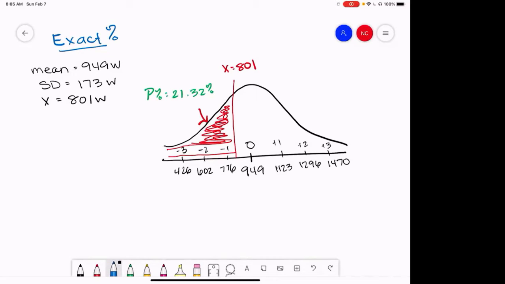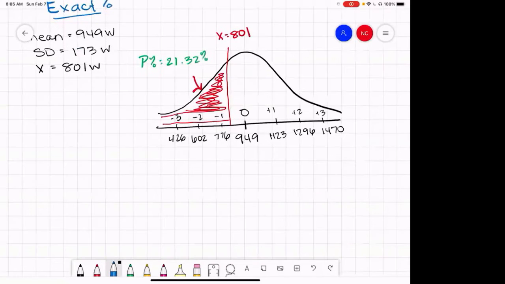And then there's a question that says, what is the estimated percentile, right? So different method, right? Exact percentile is specific to the sample we're working with, regardless of what the shape of that distribution looks like.